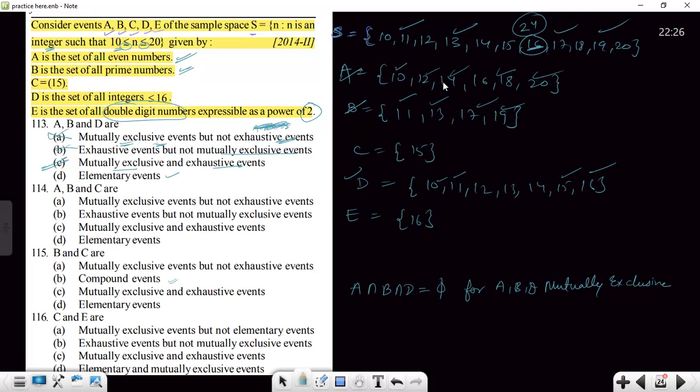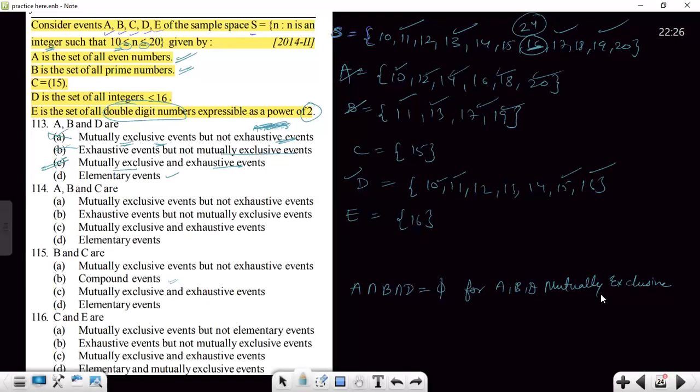No, it's not there in the first. 17? No. 19? No. So there's nothing common in all three sets. Those particular elements have to be common in all three sets. That is not so. We may say that the ABD intersection is empty. Is it clear till now how ABD events have become mutually exclusive?